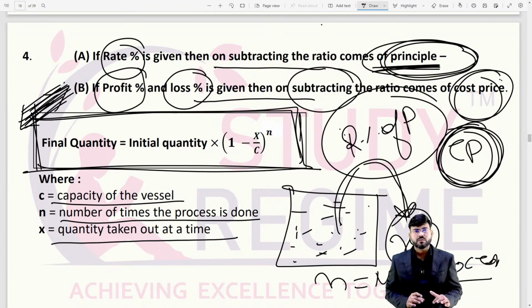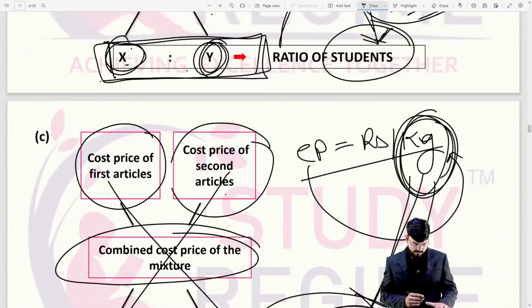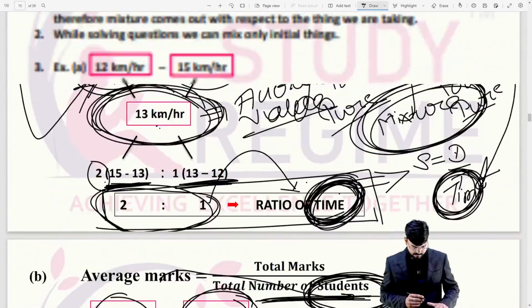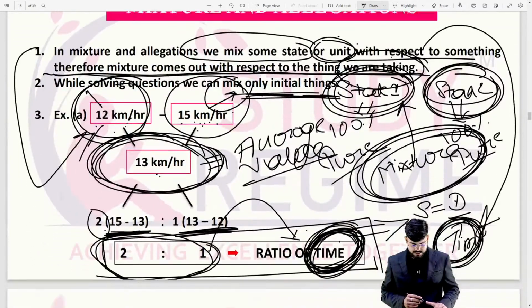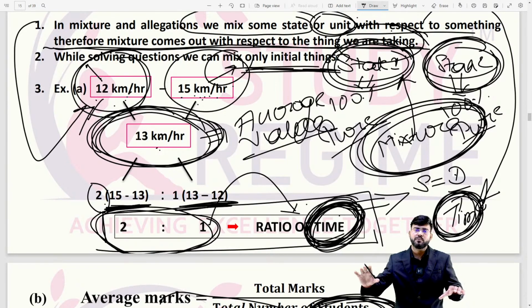Okay, this was all about mixture and alligation. I will revise it for you quickly. In mixture and alligation we mix some state with respect to some other state, and we get the ratio of what we are taking. We can mix only the initial things, because earlier each was 100% pure, but when you mix them, they become a mixture, not 100% pure.